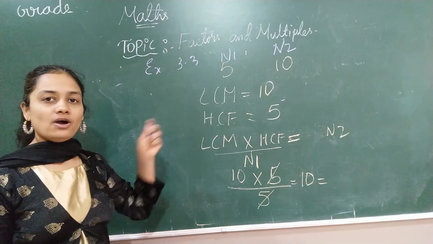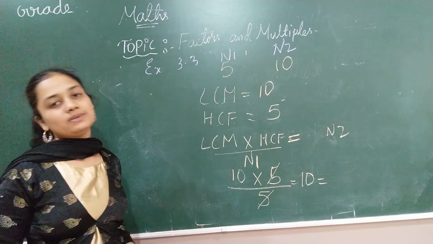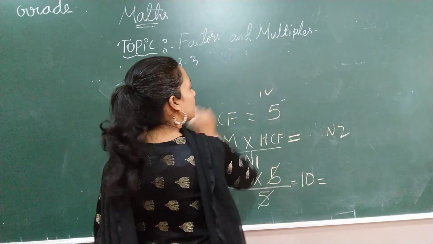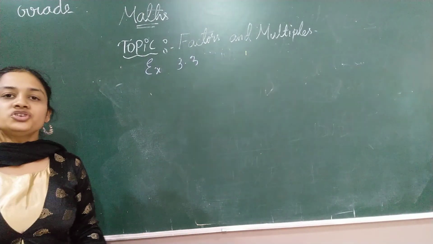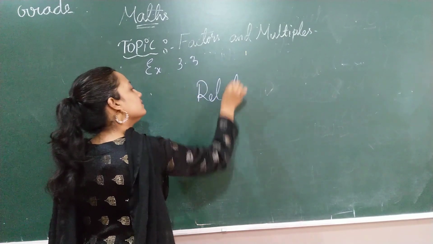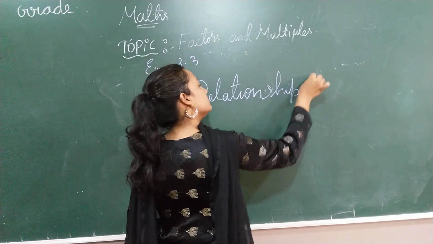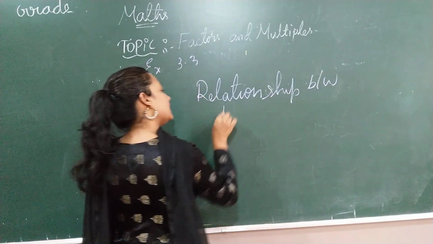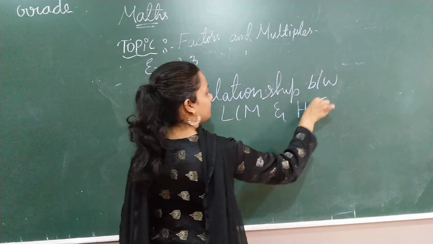Same thing will be done for the number which is missing if you have N1 missing. So this is the important concept called the relationship between LCM and HCF.